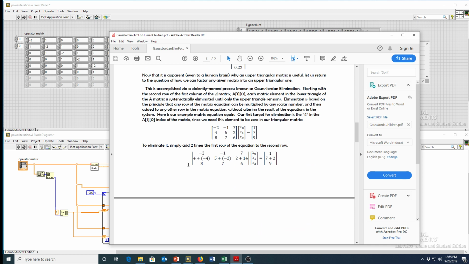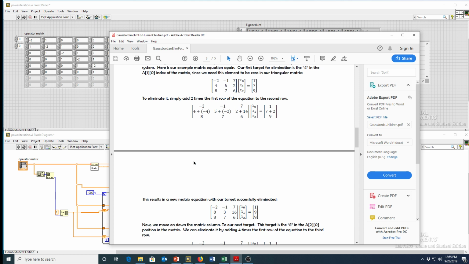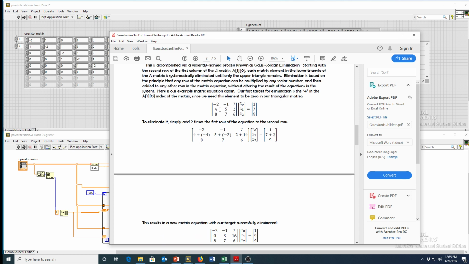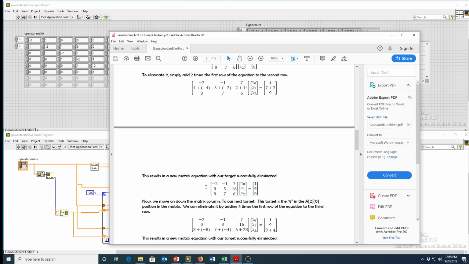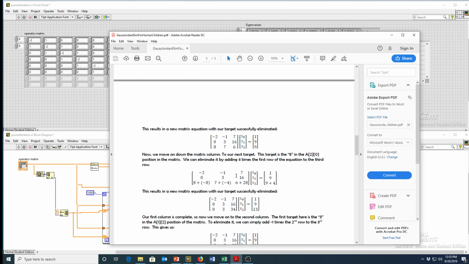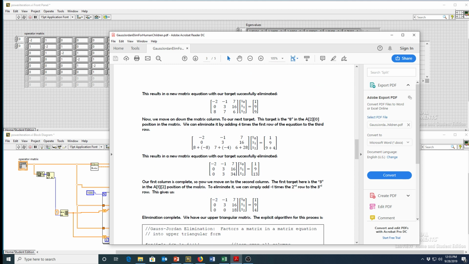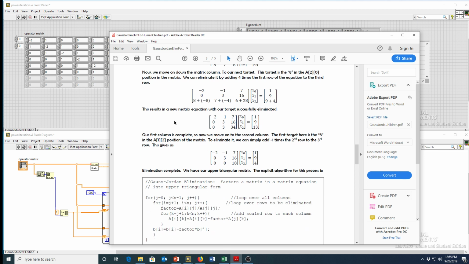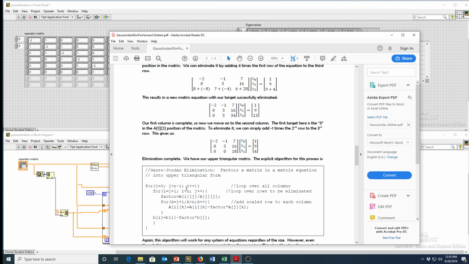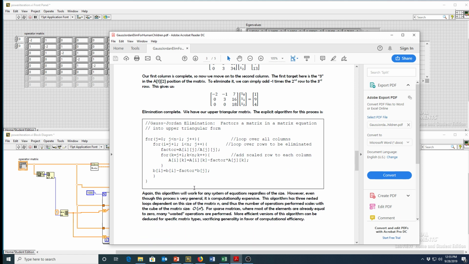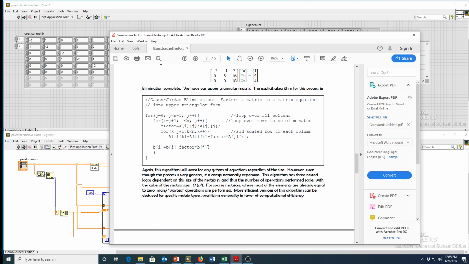And by doing different iterations of just those operations, you can cancel out these subdiagonal numbers and make them 0. Okay, so you can go through one at a time, make a new element 0. Won't go through that in detail, but you can look through this on your own if you want to really understand where this algorithm is coming from.